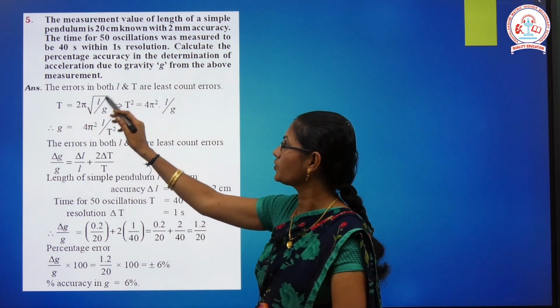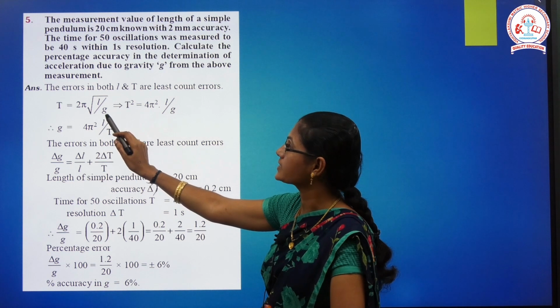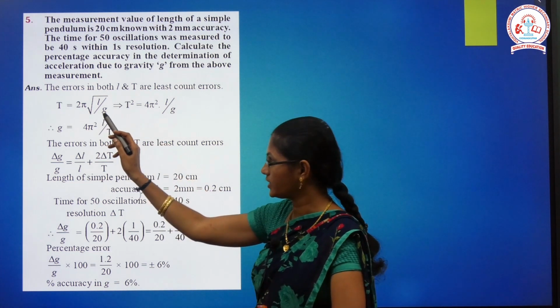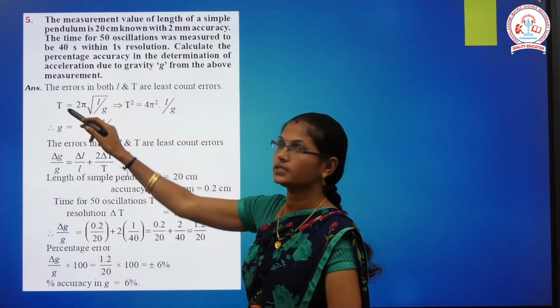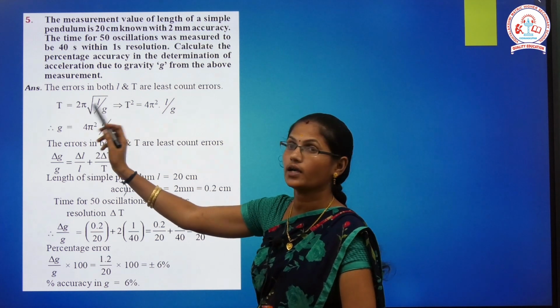T is equal to 2 pi root of L by g. In this problem, you have to find the acceleration due to gravity, that is the g value. So we need some rearrangement of this equation. We take the square on both sides.